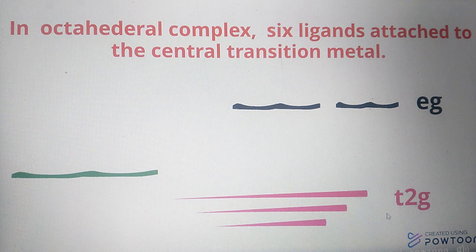Why? Because its lobes are present between the axes and the ligand comes along the axes. The eg experiences greater energy due to its lobes present on the axes and the ligand approaching along the axes, and due to inter-electronic repulsion, the energy of eg becomes high and that of t2g becomes less.